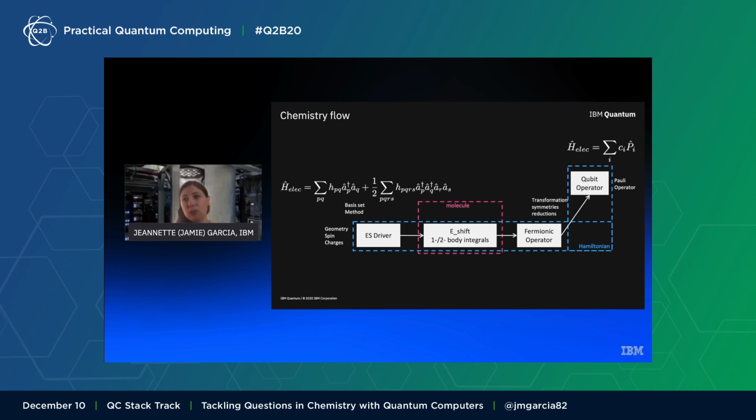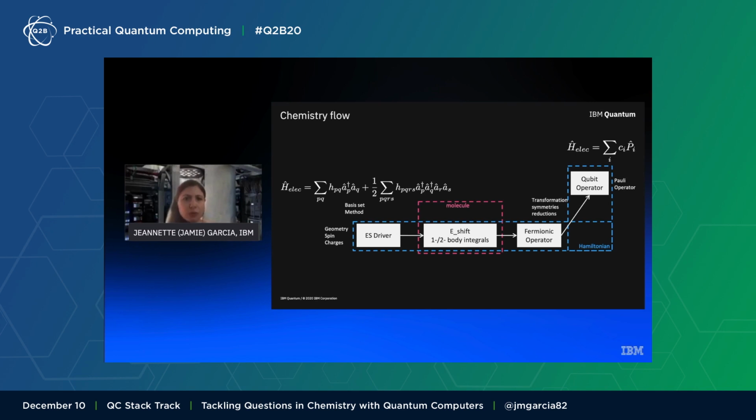In order to actually map the molecule onto the qubits, we have to transform this into effectively a quantum Hamiltonian, something that contains Pauli terms. This allows us to have one spin orbital per qubit as a way to understand things like the ground state energy of a molecule with a certain number of electrons in it.